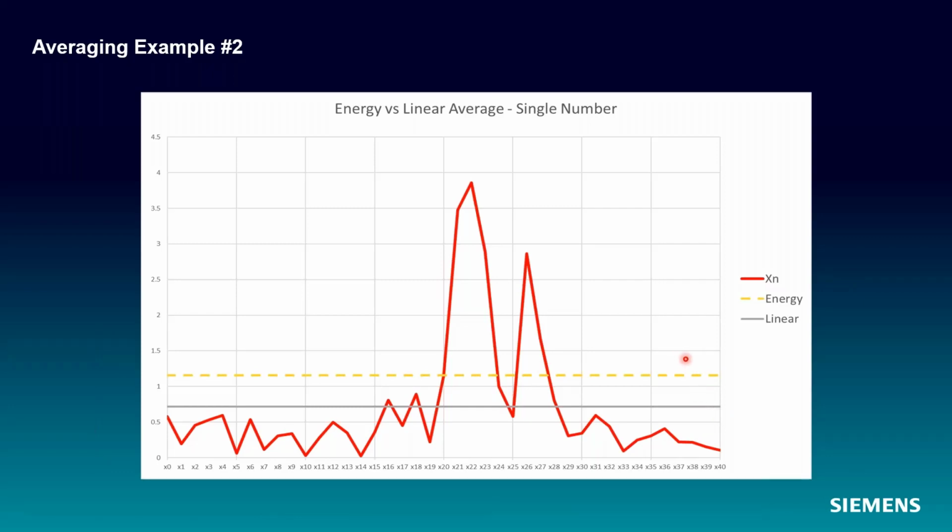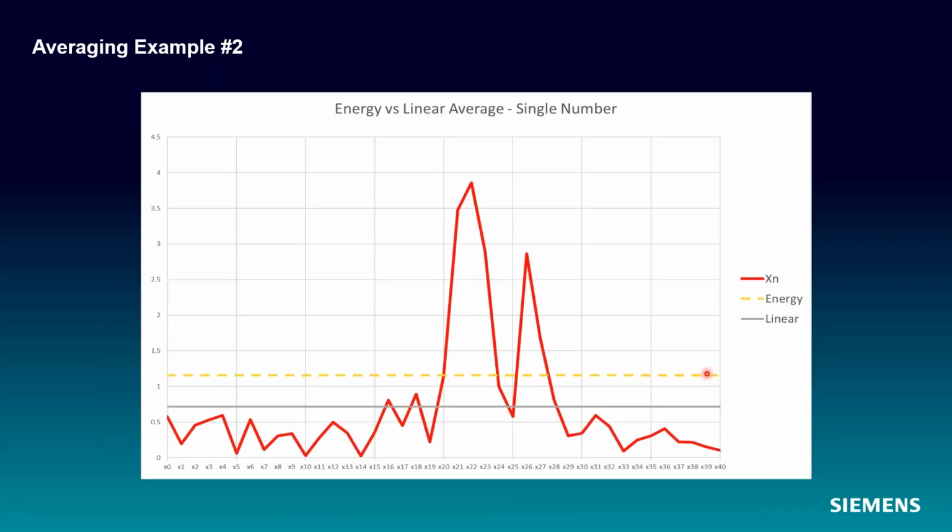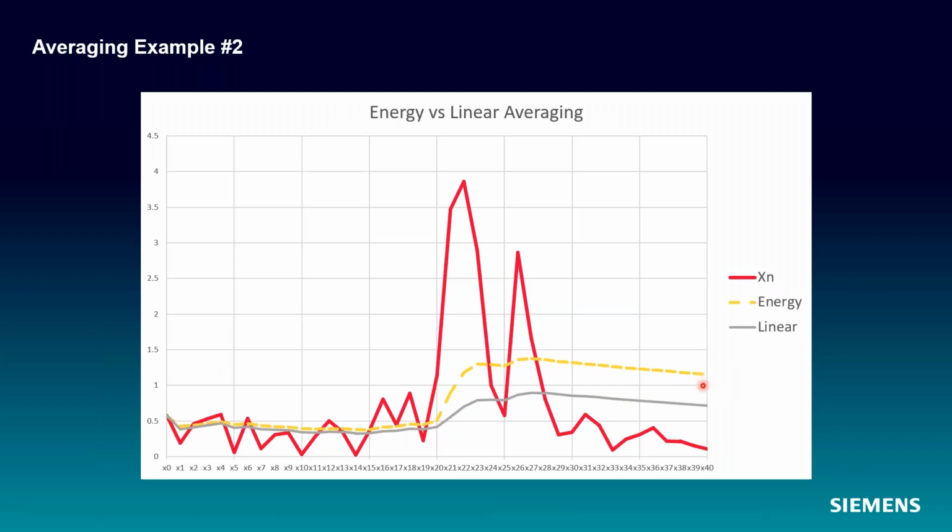Now, where does this single value come from? Well, it's exactly the same as the final data point, right? So I'm changing these averages as I'm adding data. Once I've added all my data and I get to number 40 here, this value right here, I'll leave my mouse on it, I page down, and that is this value. So the single number for the whole data set is equivalent to the final moving average, if you want to think of it that way.